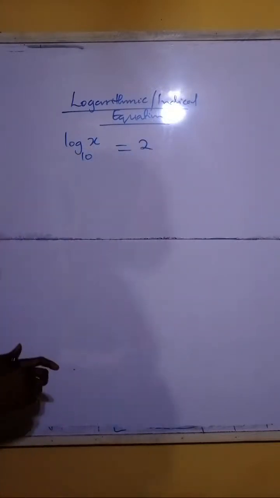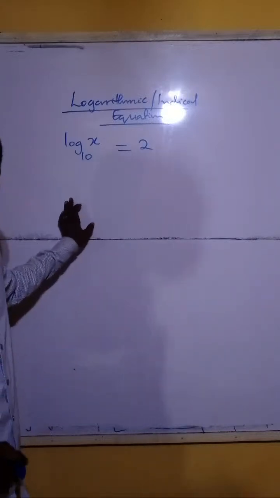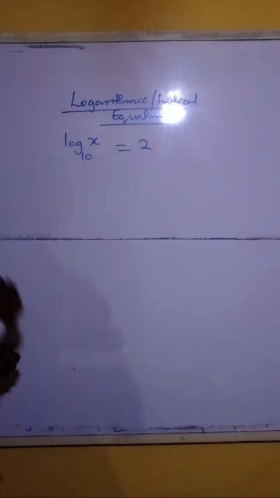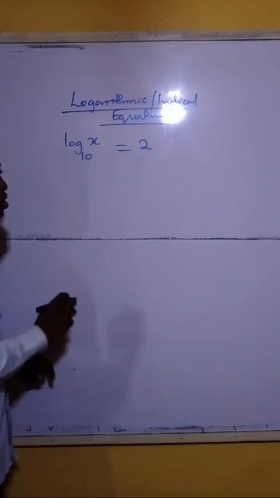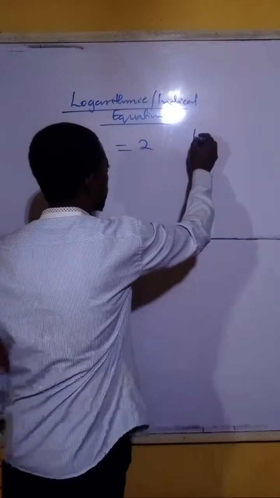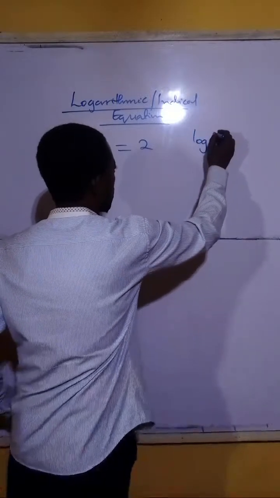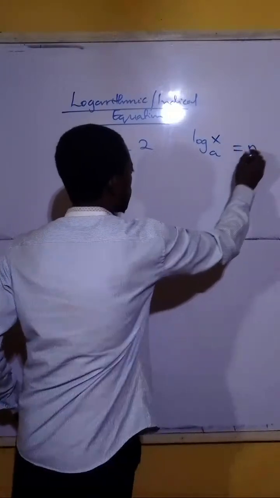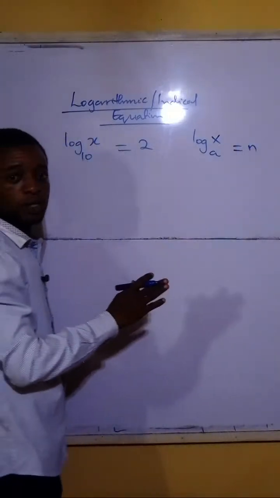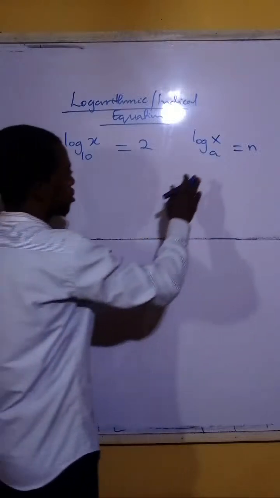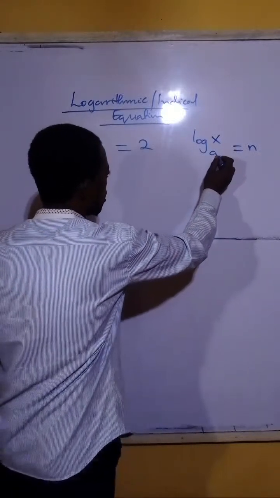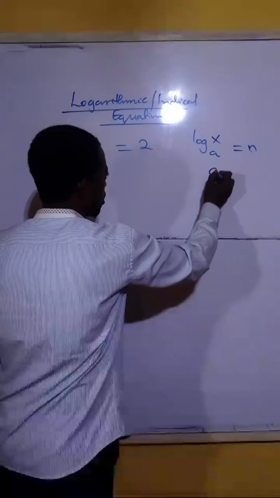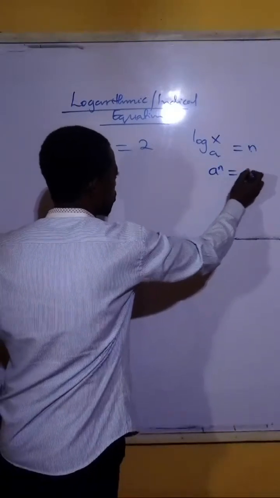Now, this particular equation is involving logarithm. To solve for x here, we can use the relationship between indices and logarithm. From where we have log x base a equals n, for us to transform this to index form, this is simply going to be a raised to power n equals x.